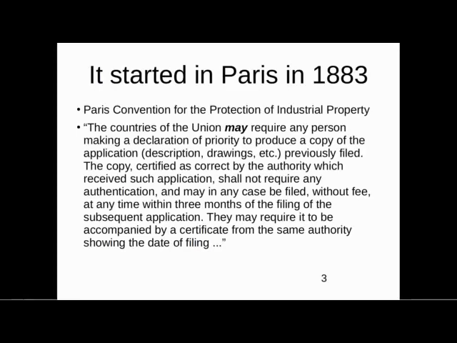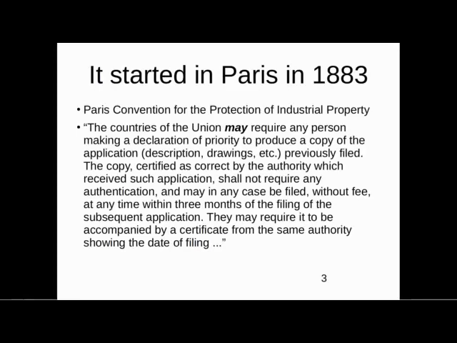And one of the wrongs that was being righted, one of the abuses that was being addressed, was that it should not require any authentication. You'll see in the middle of the page there, it shall not require any authentication. What had happened was that offices were deciding that this was a profit center, and one of the ways they were going to take advantage of foreigners was to charge foreigners a lot of money and require that things be authenticated in the embassy in that foreign country for $600 or something.